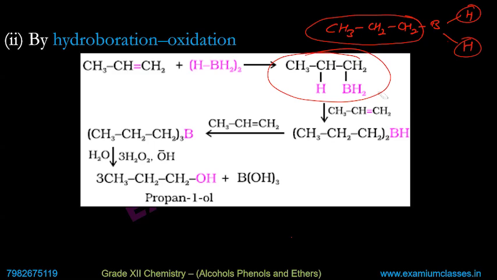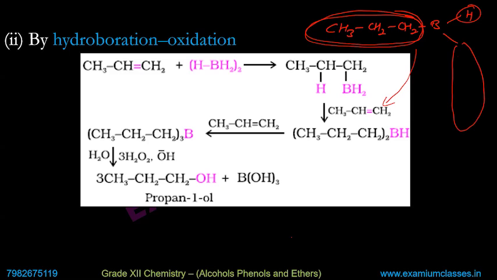Okay. Now, when again it is reacted with this propene, then one group is again added. So one hydrogen is replaced. This hydrogen is replaced, and here another CH2, CH2, CH3 is attached.